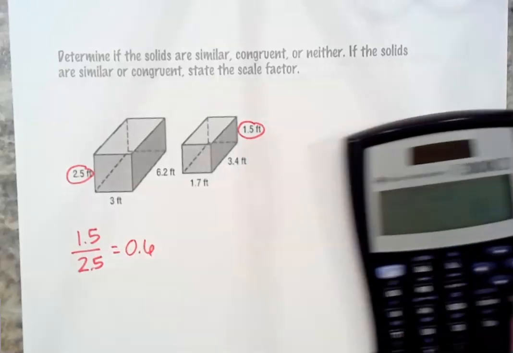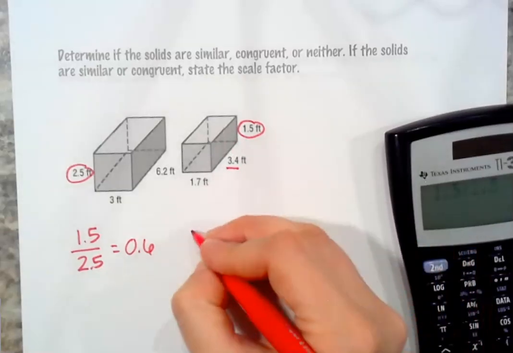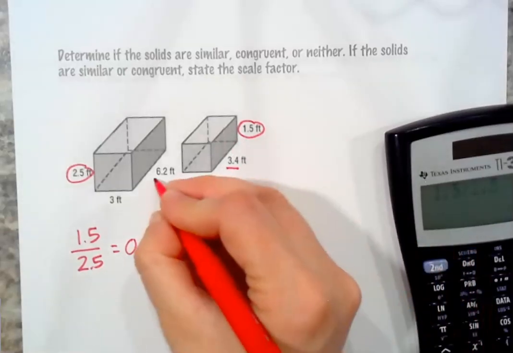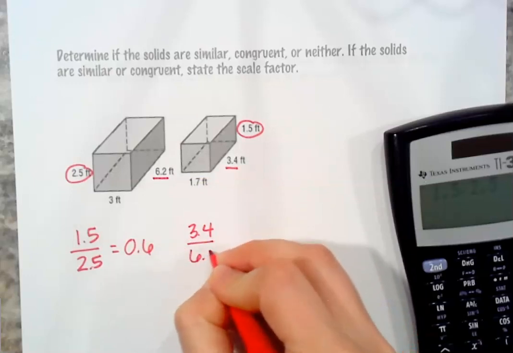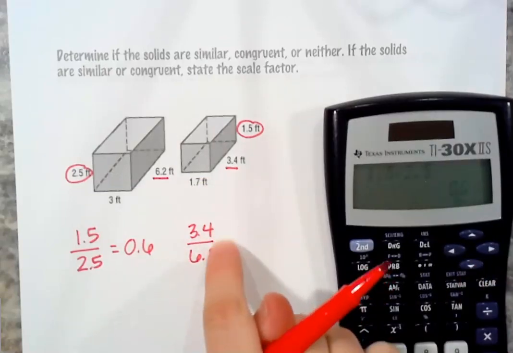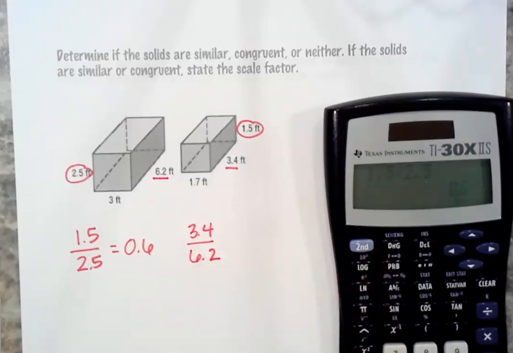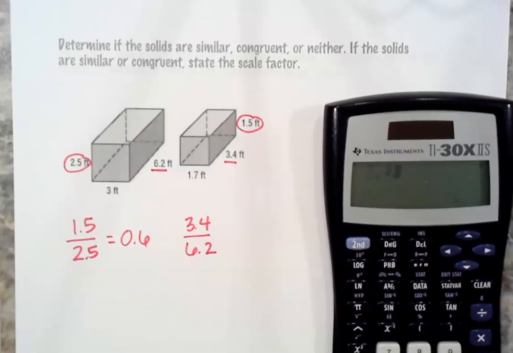Okay, now let's check 3.4 corresponds to 6.2. Let's see here. So again, you could probably try to figure out what goes into 3.4 and 6.2, but it's just easier to check it on your calculator first because that is just a much more efficient thing to do.